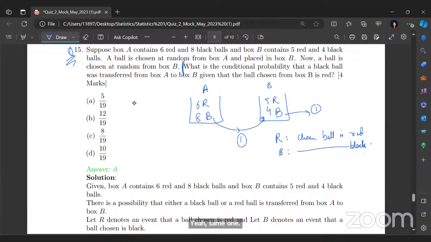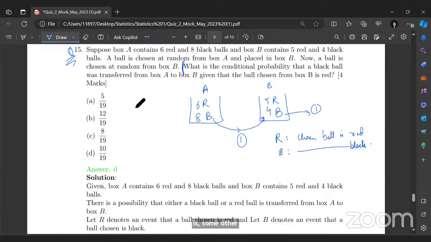Now what you have to find? Then you also have to define events which say that when you were transferring the ball from box A to box B, define an event for that which says the ball transferred is red in color, or another event that the ball transferred is some other color, right?